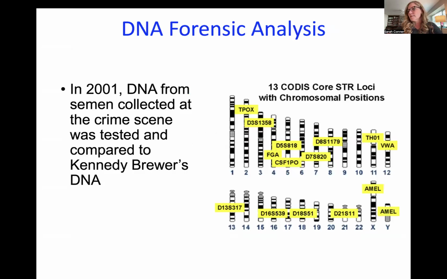So when we're looking at DNA forensics analyses, there are a lot of different ways to do forensic analysis of DNA, and the most common in the US is the short tandem repeat analysis, which is the original 13 loci tested. There are now 20, but these are the originals. The DNA from the semen collected at the crime scene was tested and compared to Kennedy Brewer's.